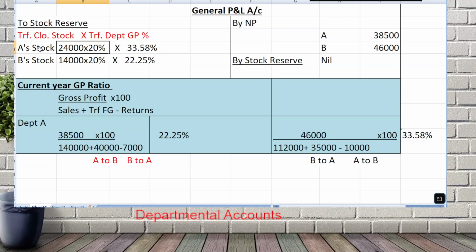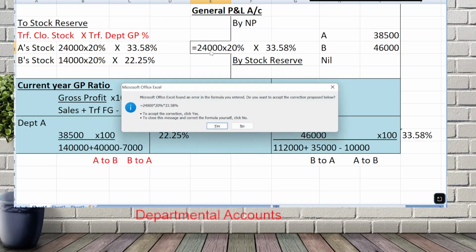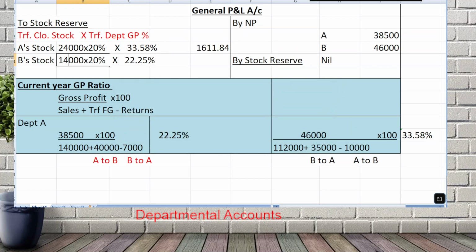Stock is with you, I charge the profit, and stock is with me and you charge the profit. Tally this, you will get net profit.